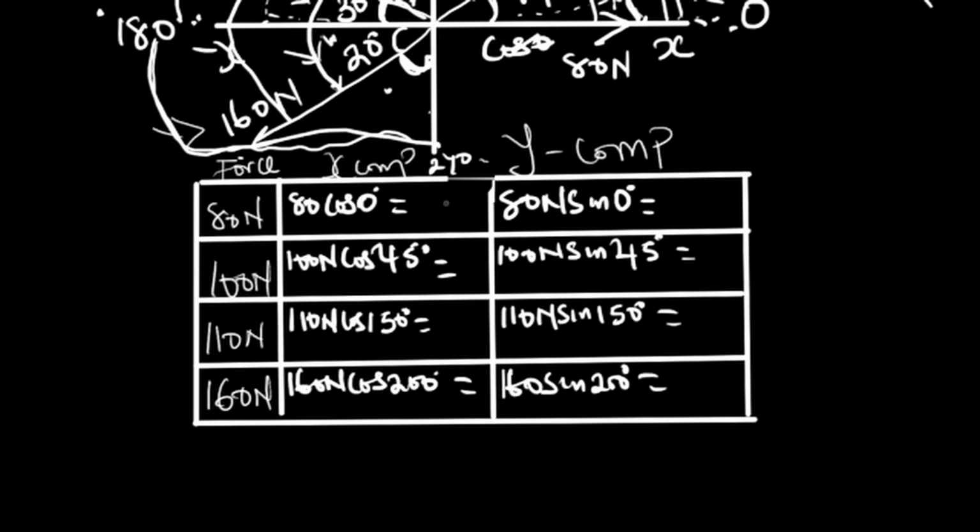Let me use my calculator. Just make sure you have a scientific calculator to make your job easier. So we say 80 cos 0. If you punch it on your calculator, you will get 80 newtons. And then 80 sine 0 gives you 0 newtons. And next up, 100 newtons cos 45. 100 cos 45 gives me 70.71 newtons.